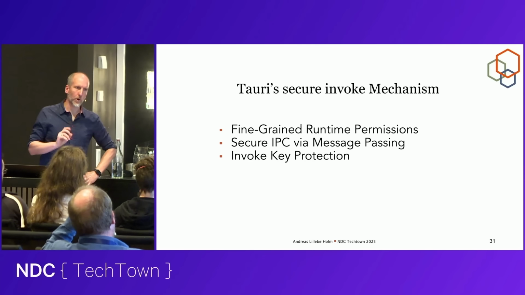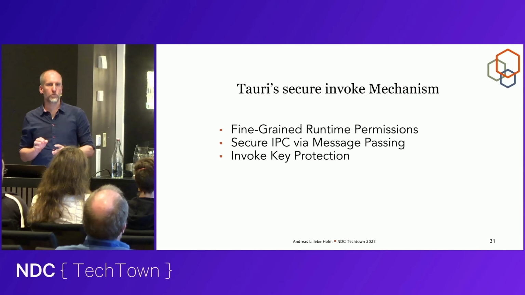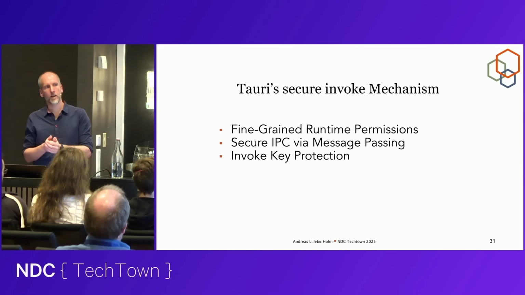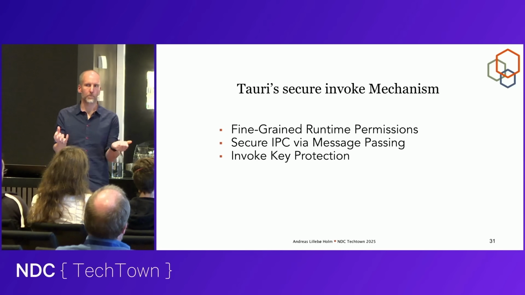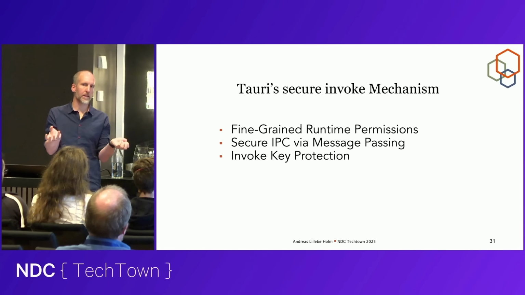It has an invoke key protection, and that means when you build your web code with the Tauri framework, it injects an authorization key into your front end and the back end. So when that key is compiled in and you've built your app, it's not exposed anywhere else.